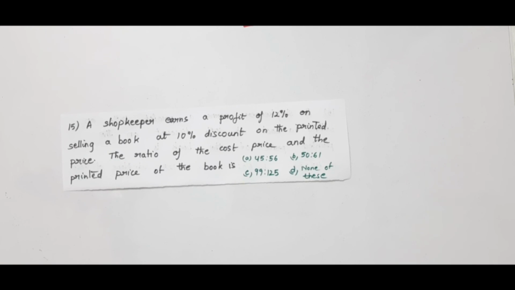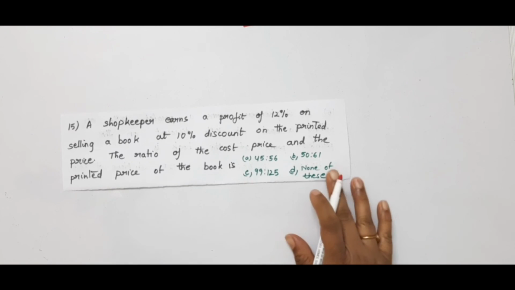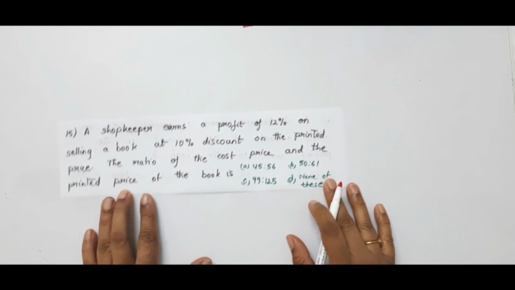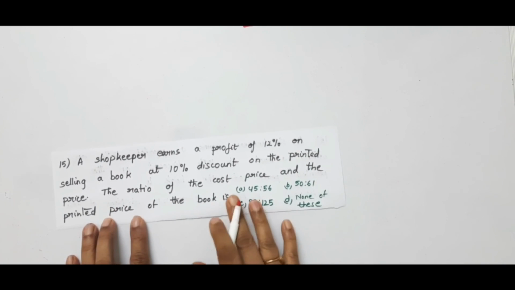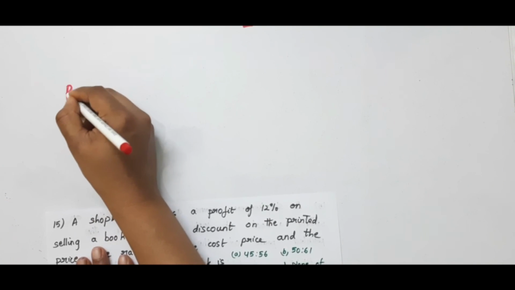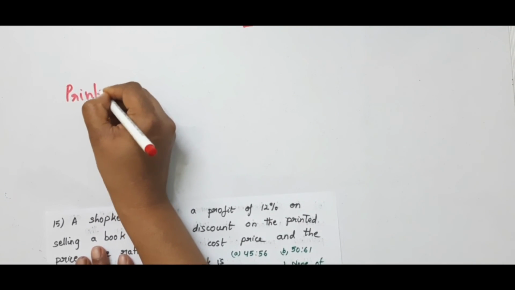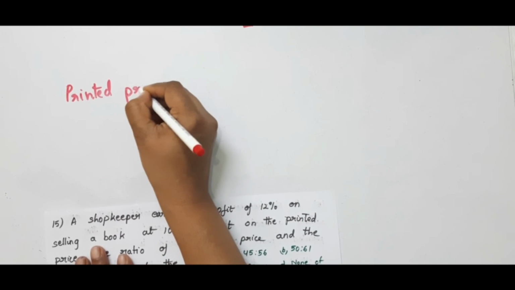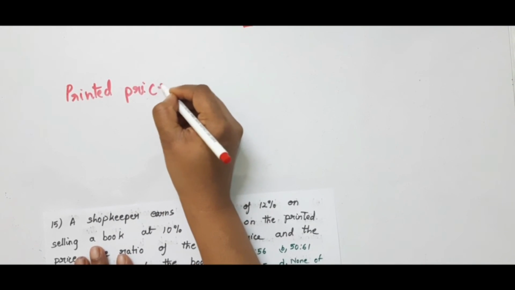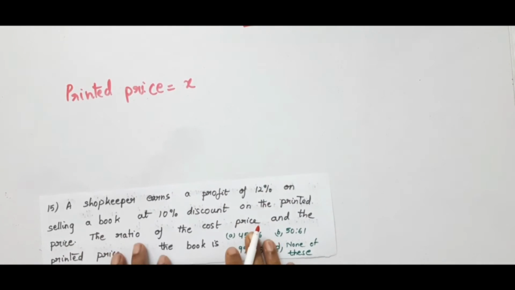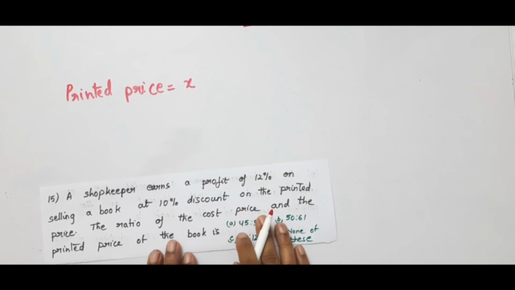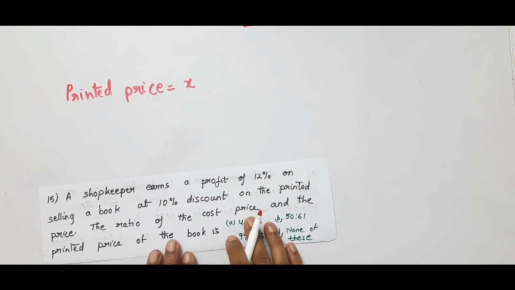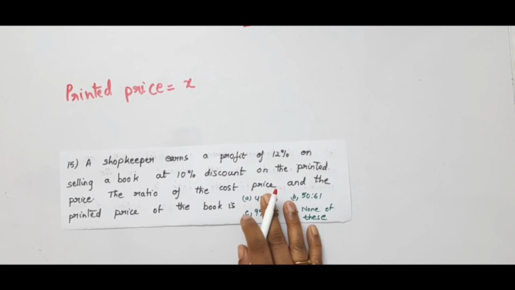So we have to find the ratio of cost price to printed price, but they didn't give the printed price. So let us take the printed price as X. To find the cost price, we need the selling price.